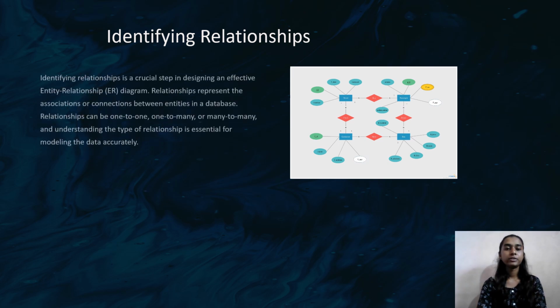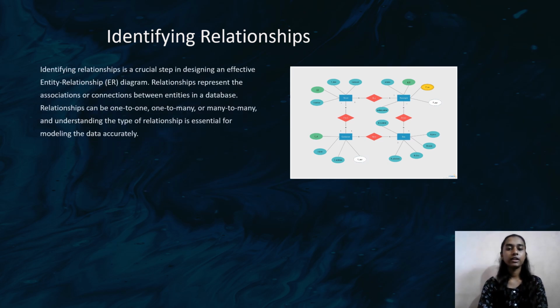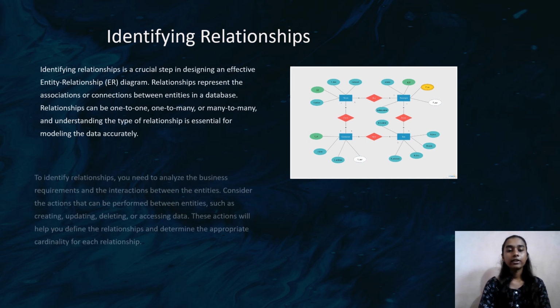Identifying relationships. Identifying relationships is a crucial step in designing an effective ER diagram. Relationships represent the association or connection between entities in a database. Relationships can be one to one, one to many, or many to many. Understanding the type of relationship is essential for modeling the data accurately.